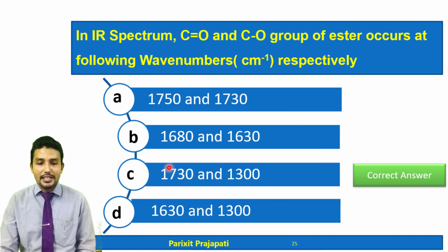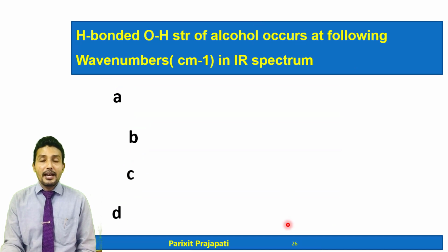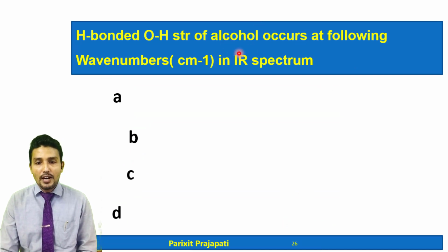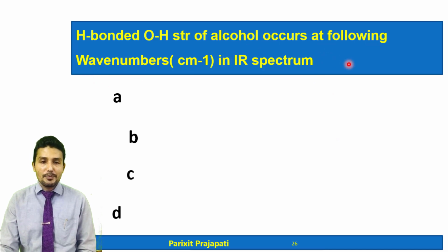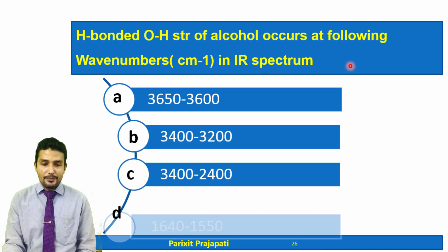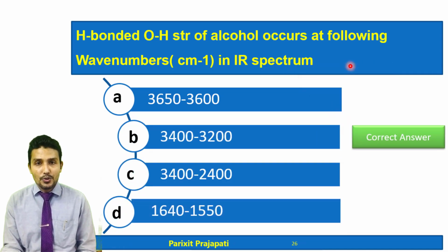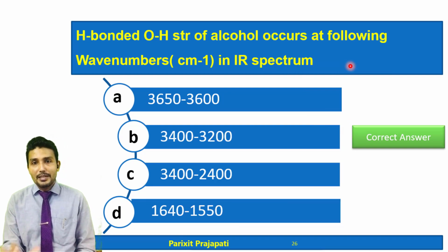So 1713 corresponds to C double bond O and 1300 corresponds to C single bond O. Next question: H-bonded OH stretching of alcohol occurs at which wave numbers in an IR spectrum? The correct answer here is 3400 to 3200 centimeter inverse.